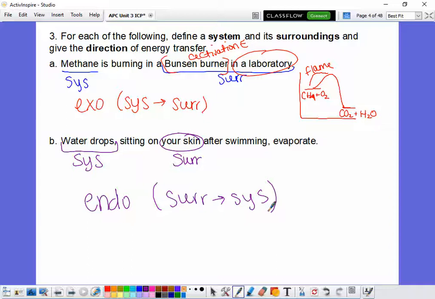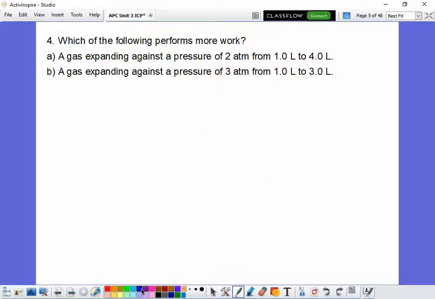All right. So now let's do a little bit of calculations. Yeah, we're at number 4 now. So, to calculate the change in internal energy of a system, delta E, we need to know both the heat of the system and the work of the system. Okay? So number 4 is talking about work, which does relate to energy.